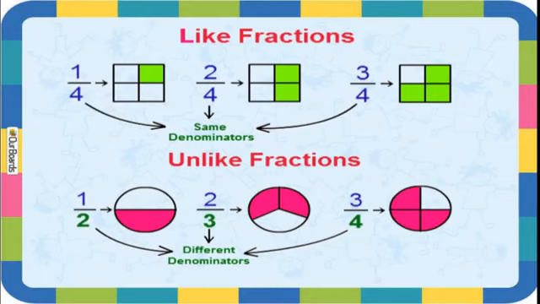In the first one the circle is divided into 2 equal parts. In the second one the circle is divided into 3 equal parts. And in the third picture the circle is divided into 4 equal parts. Got this students? So the denominators are different, so these are called unlike fractions.